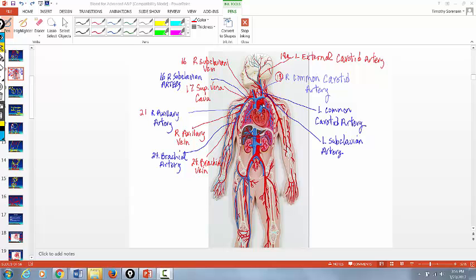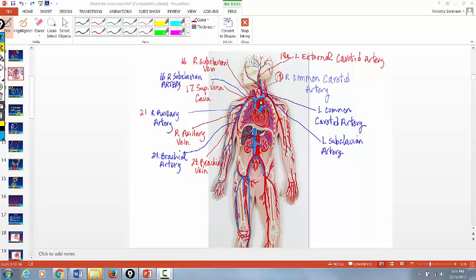Now, coming off the arch of the aorta, you have three main vessels. You have the brachiocephalic artery, and the brachiocephalic artery branches off into the right common carotid artery and the right subclavian artery.